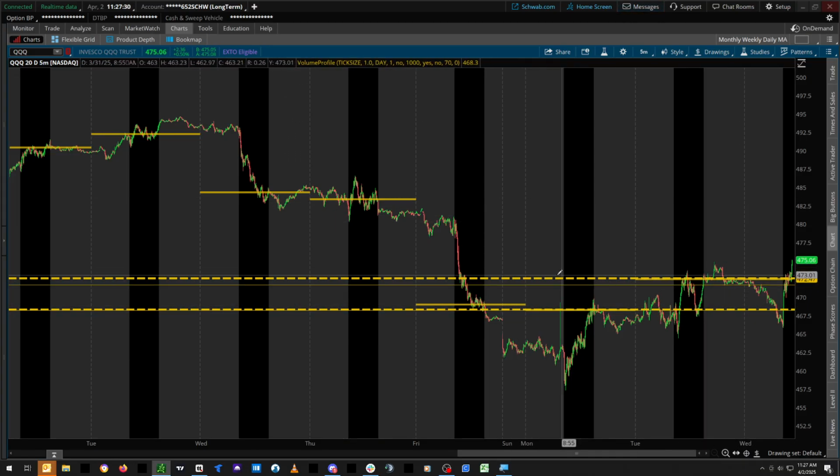Certainly, but right now, this area here between 467 and 475 is the area where people are willing to spend their money. That's where we've got two volume profiles here, VPOCs, and that's the area that is most recent. They're close together. People really like it until they don't. What do I mean, until they don't?